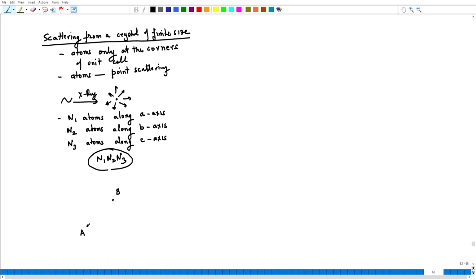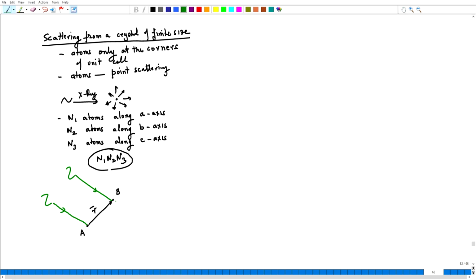Now, the AB vector, let me call it the vector R. Now, I have an incoming X-ray beam of a specific wavelength, and the beam hits the 2 point scatterers.